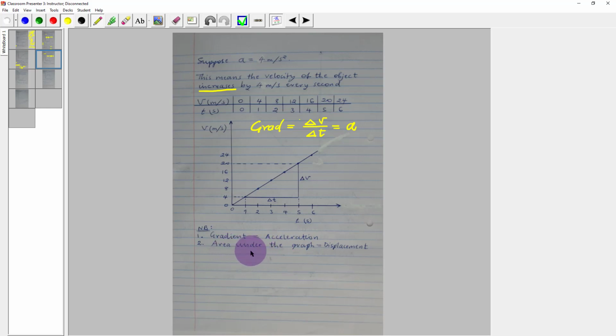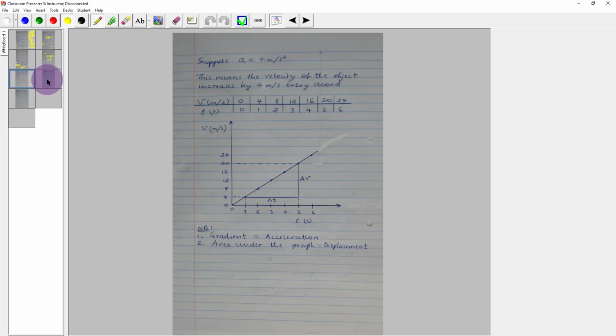We are going to see that the area under the graph, the whole of this area, for example, if the object reaches that particular point, we are supposed to calculate the whole of this area, which in this case is a triangle. Then the area enclosed by the graph line and the t-axis gives the displacement or distance, which is the magnitude of the displacement. Of course, later on we are going to see the difference between those two.